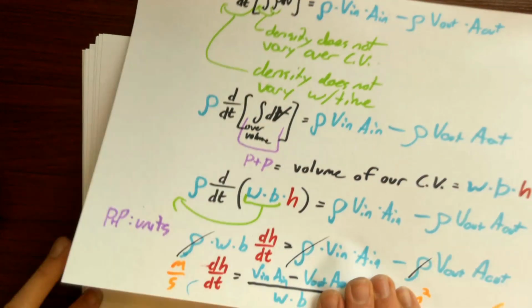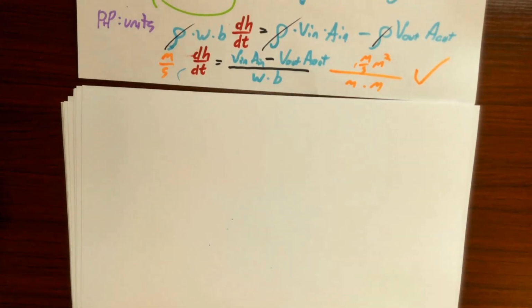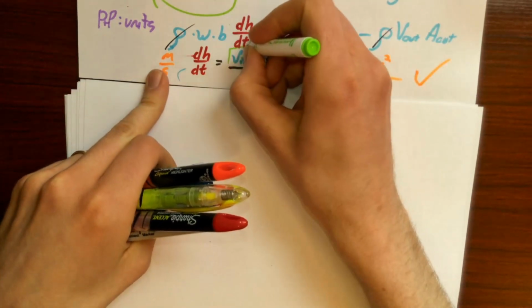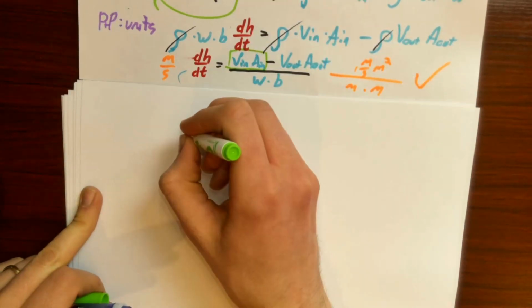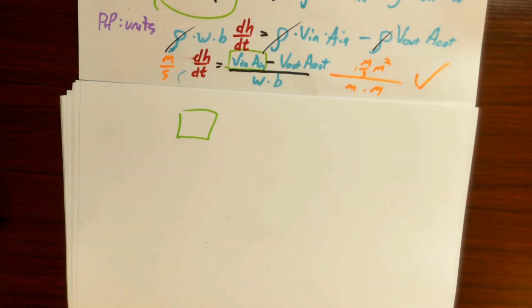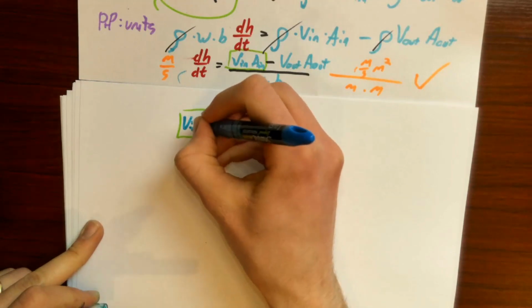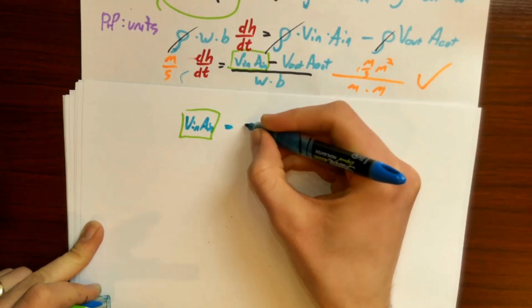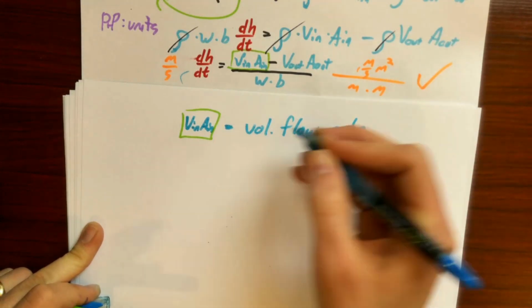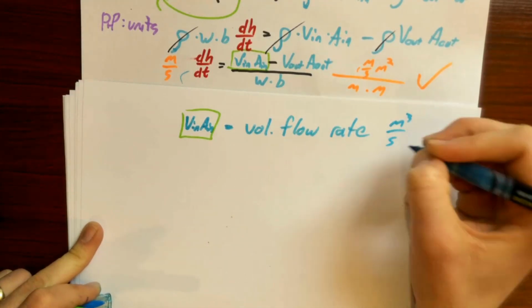Now, let's do our final sanity check. If I think just about v_in A_in, then this is essentially a volumetric flow rate. It has units of meters cubed per second, right?